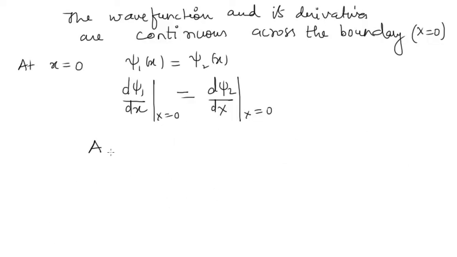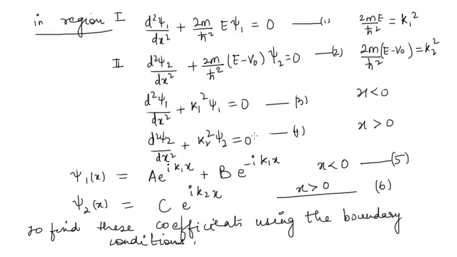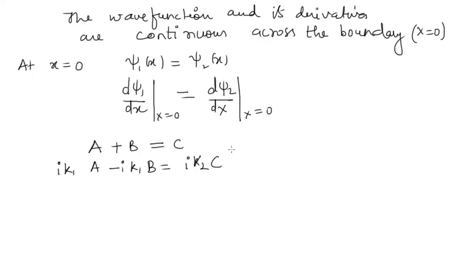Okay, a plus b is equal to c. And when I take the derivatives, I will get i k1 a minus i k1 b is equal to i k2 c. These are the two equations which I will get. So we can name them as equation number 7 and 8.